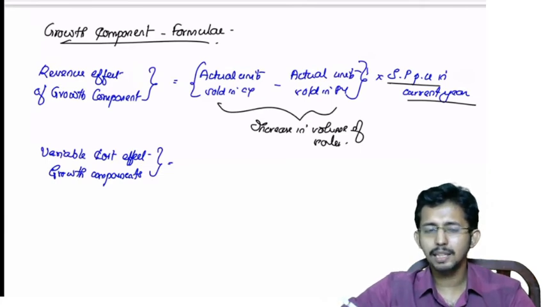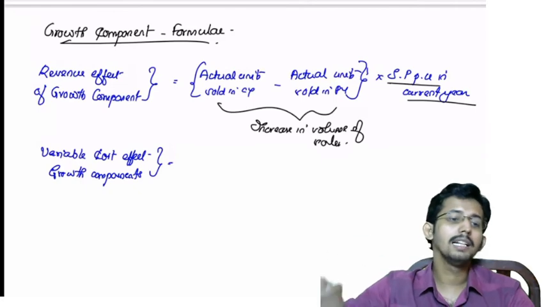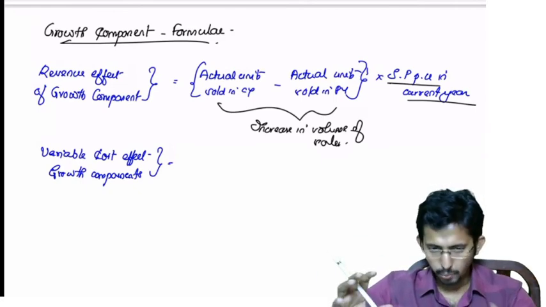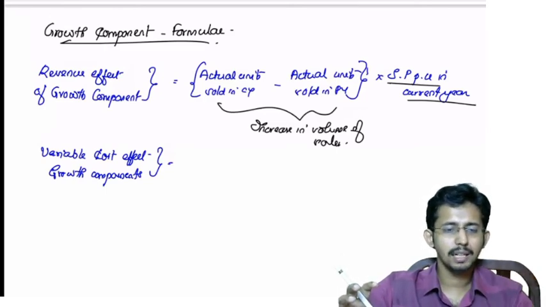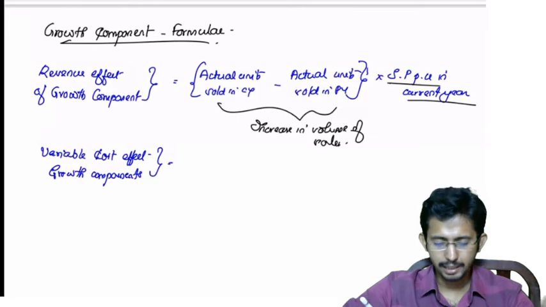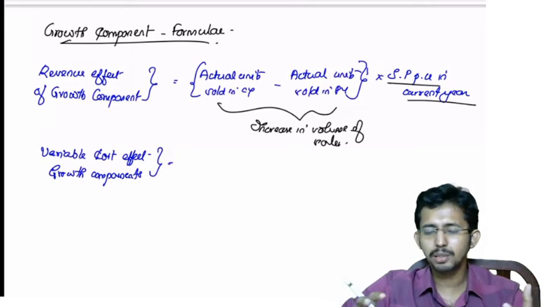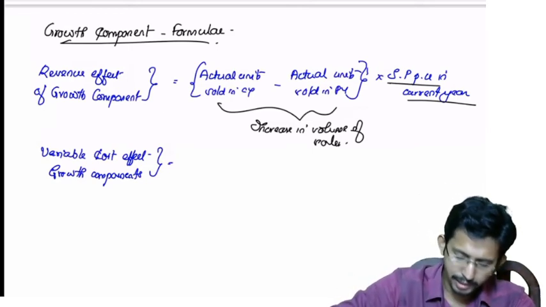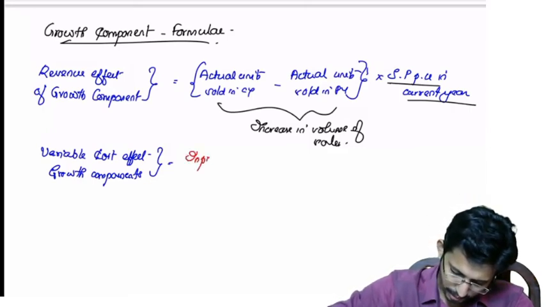So this is the input units required for producing output of current year in the previous year. What you are going to find is what happened to the volume of the inputs. Here you have to be a little bit careful, because the formula is a bit confusing. I will write the formula and explain.